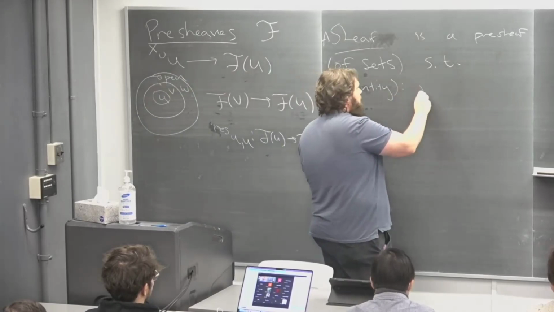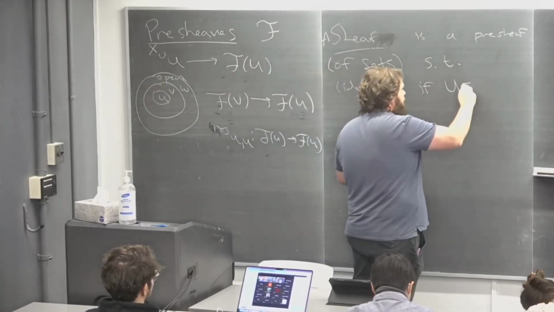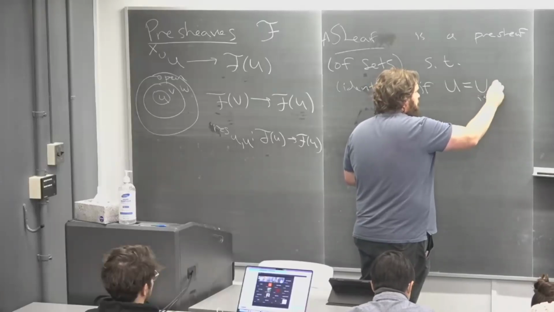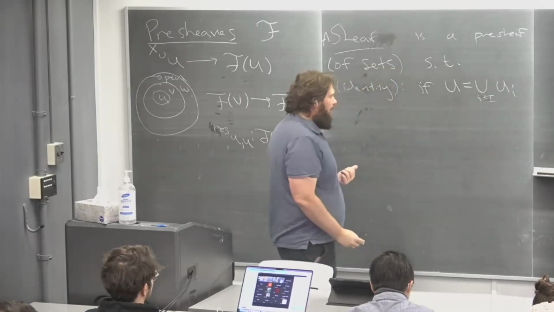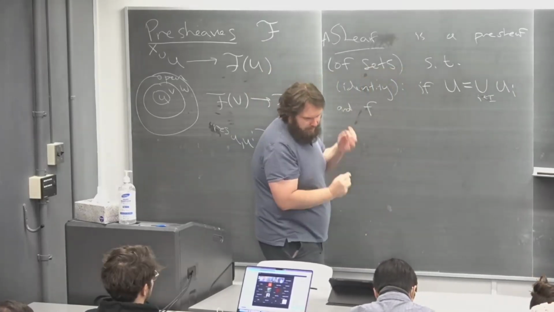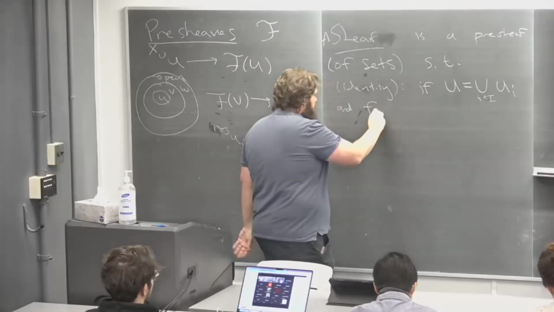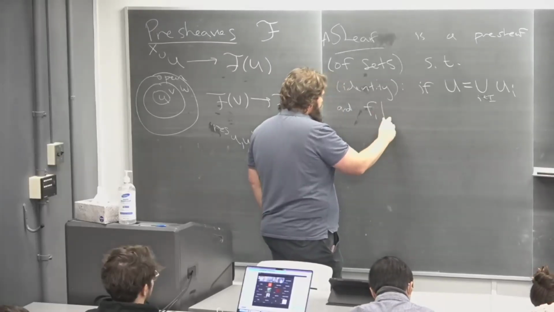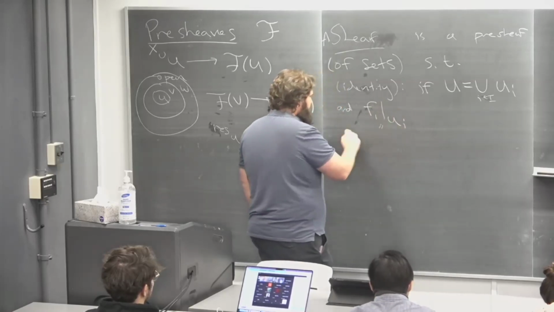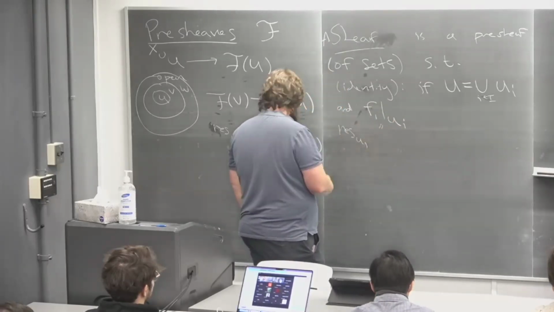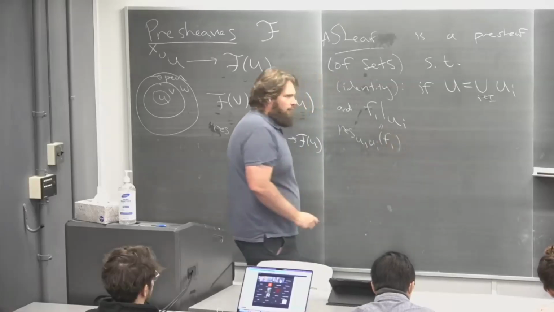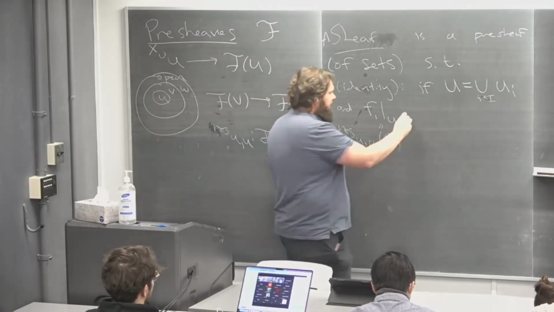So if I write my open set as a union of smaller open sets U_i, and just following my notes, I'll often write this bar and then sub U_i to mean the restriction to U_i of F1, which is kind of easier to write it that way.